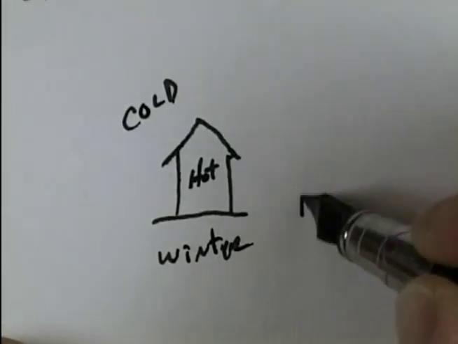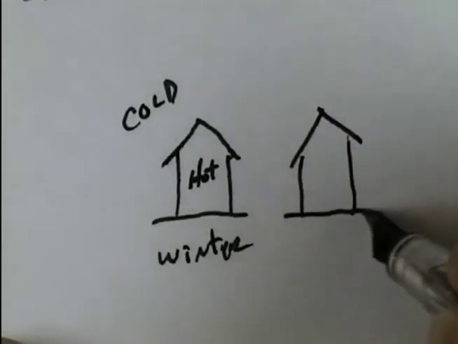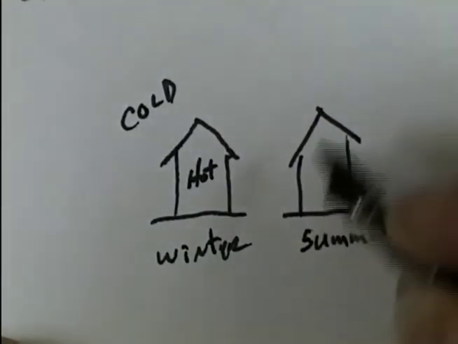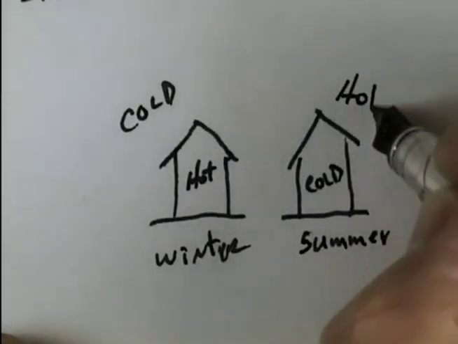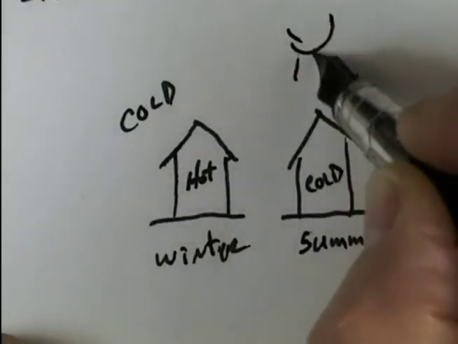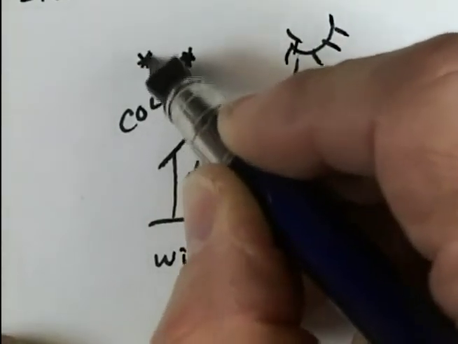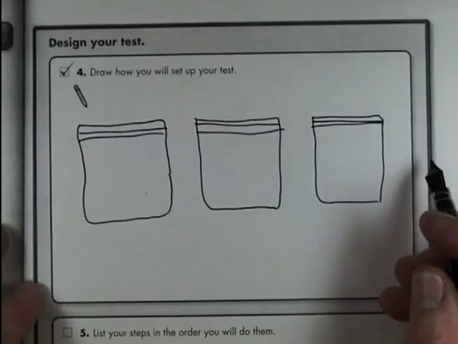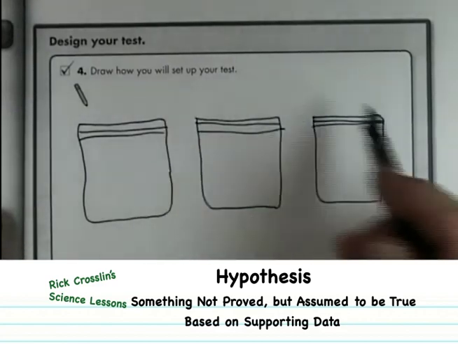And in the summer, that same house in the summer, we want it to be cold, and it's hot outside. So in the summer, we have the sun coming down, and in the winter, we have snowflakes coming down and cold and clouds.